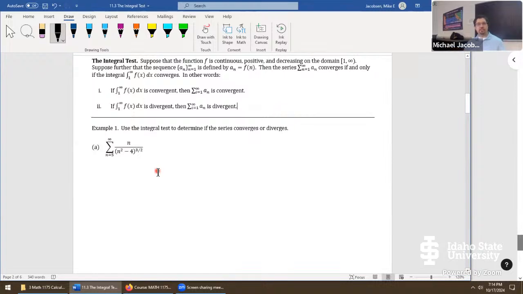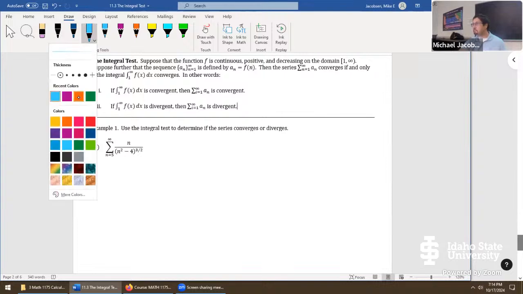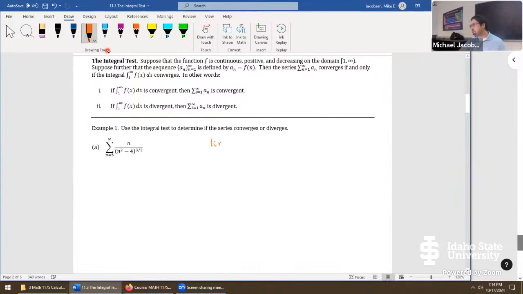We will always want to imagine, could something a little easier work on this? Say test for divergence. But unfortunately, with that particular sequence, if we took the limit as n goes off to infinity of n divided by n squared minus 4 to power 3 halves, this limit comes out as a 0 altogether.